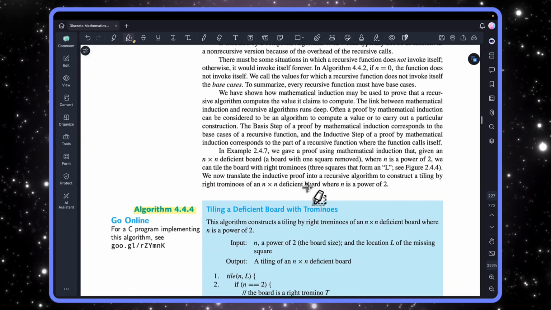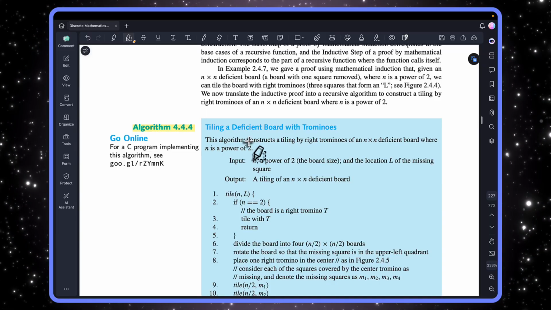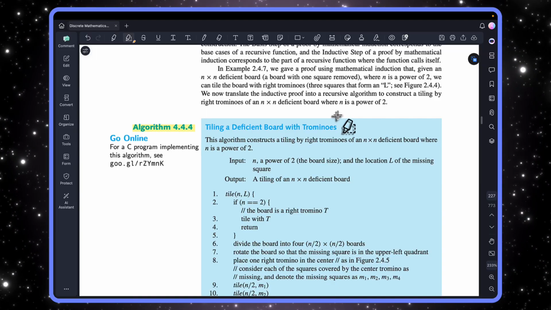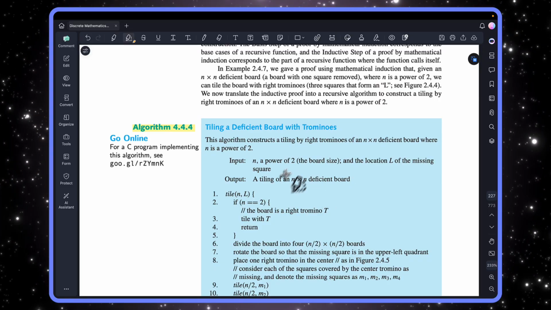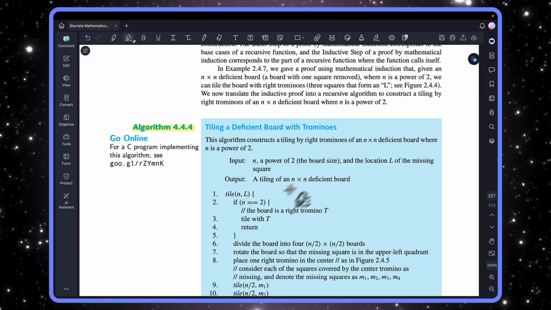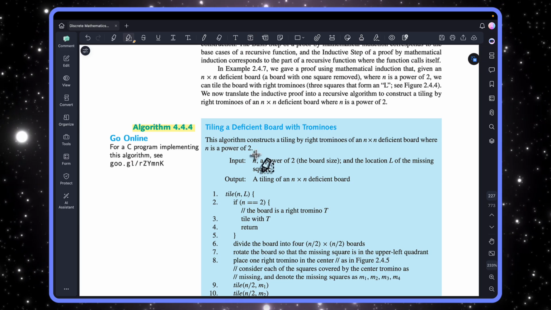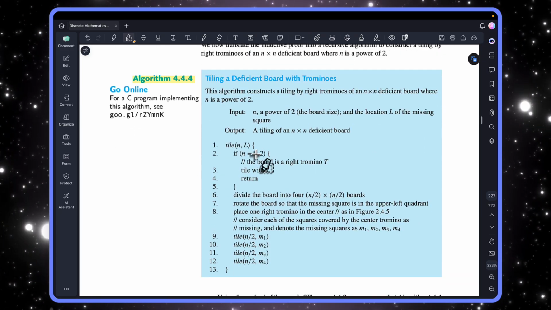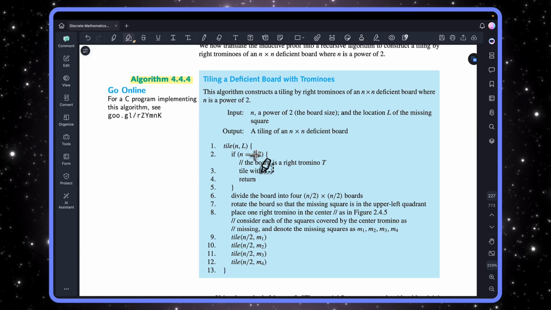Let's look at another example here. This is something that is really kind of interesting. There was an exercise that we did. I did not go through the details about triominoes. What are they? The little L-shaped figures. Let me just quickly go through the proof, and then we'll see what's happening.